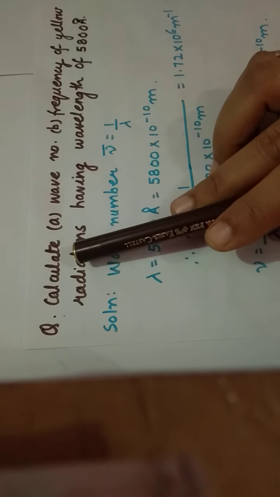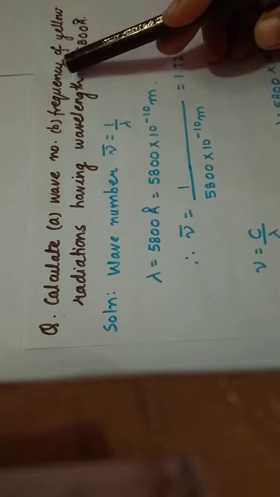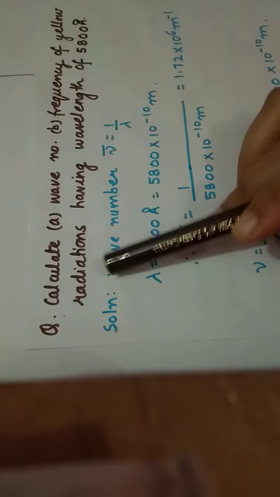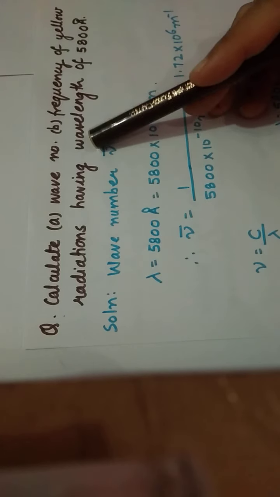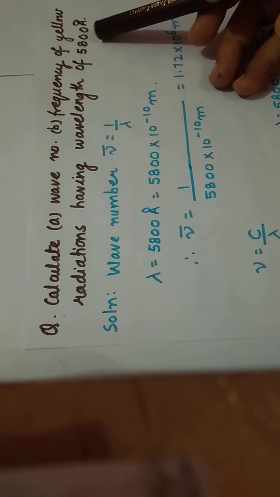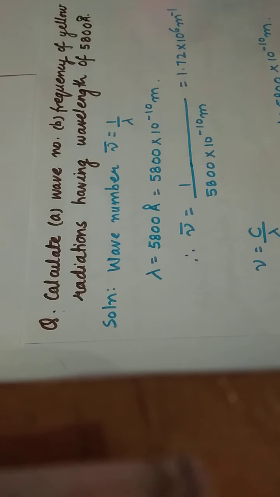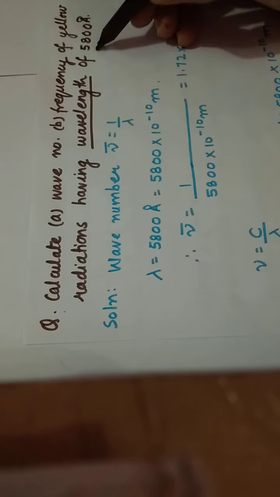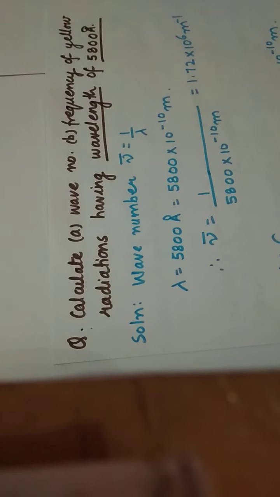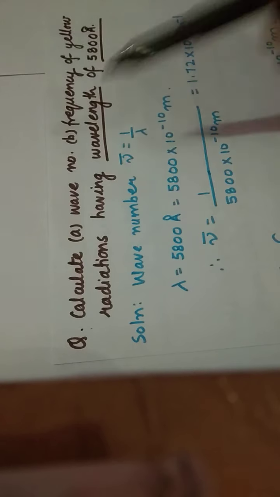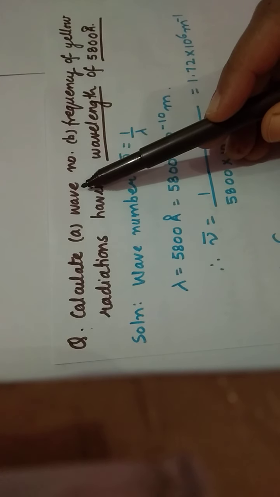So the question is, calculate the wave number and frequency of yellow radiations having wavelength of 5800 Angstrom. So children, here the wavelength is given and wavelength is represented by lambda. What is asked is the wave number.